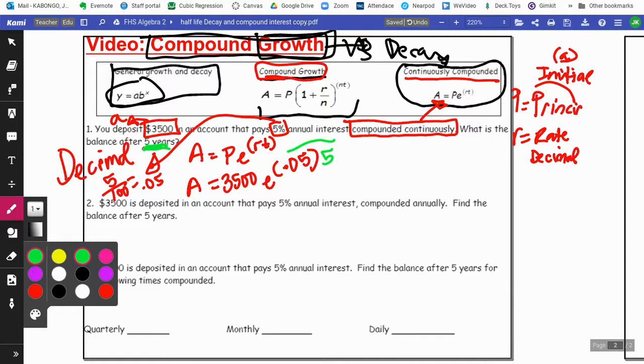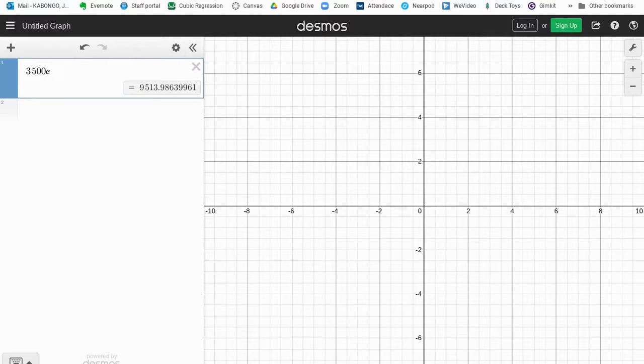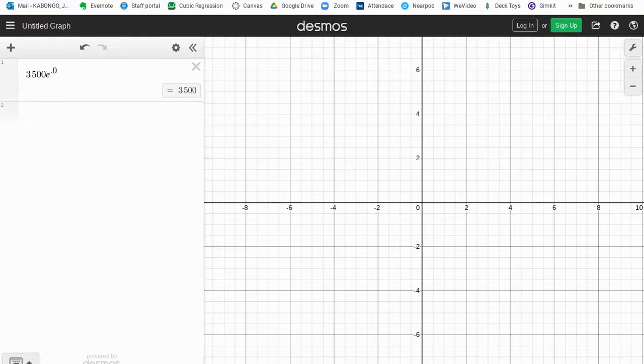Okay? So we're going to put this whole thing in the calculator to get the answer. We're going to put 3,500, then type in the letter e, then raise it to an exponent. Put 0.05, open the parentheses, put the 5, close that.